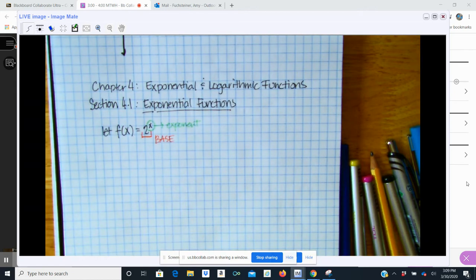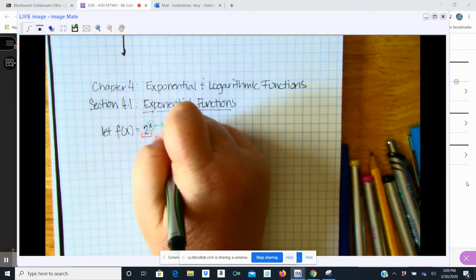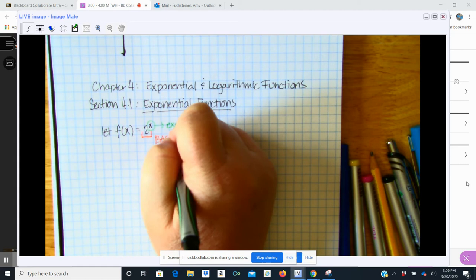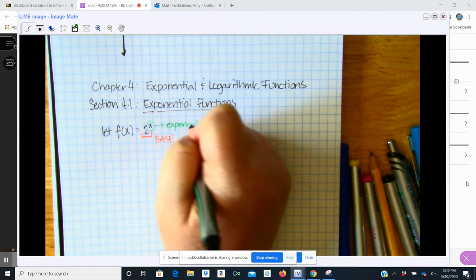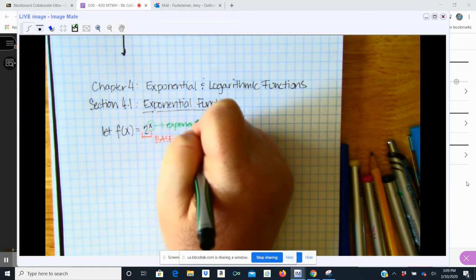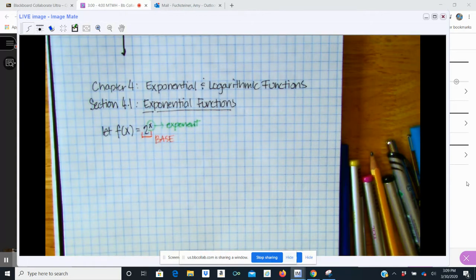This is different from most of the things we've done thus far, because our unknown, or variable, is actually in the exponent position.